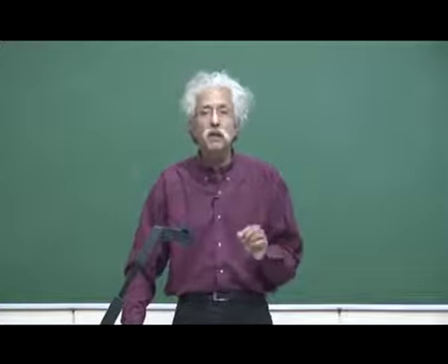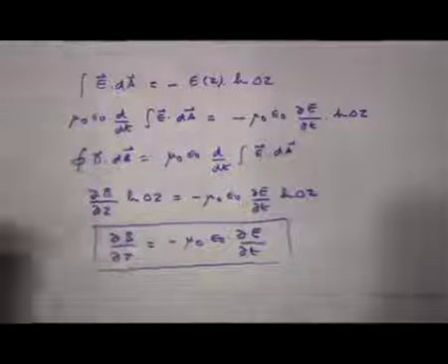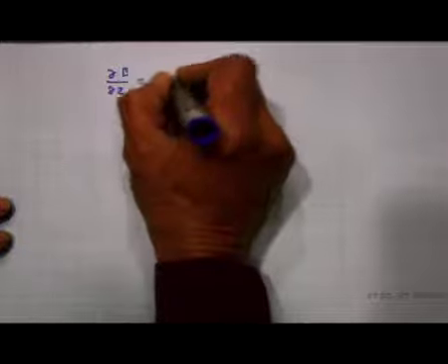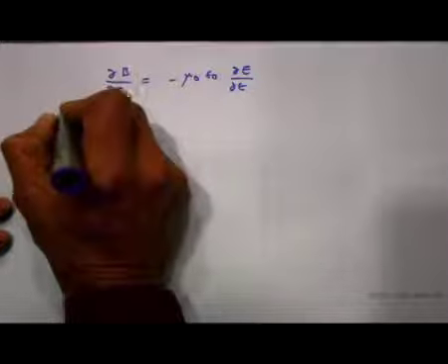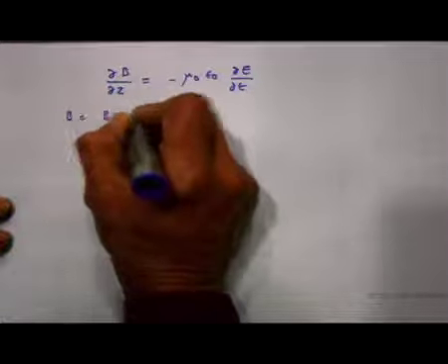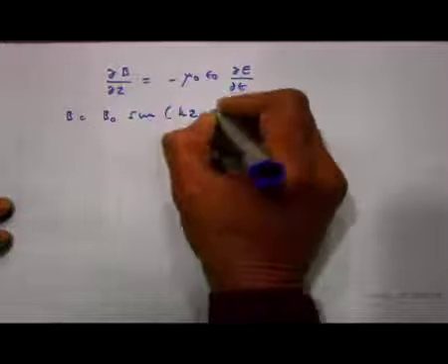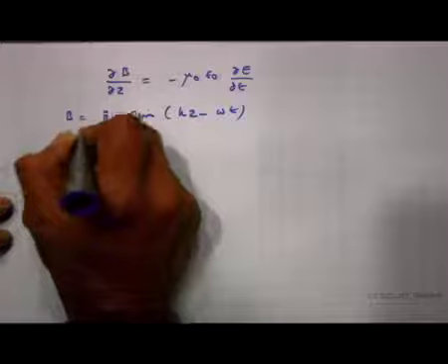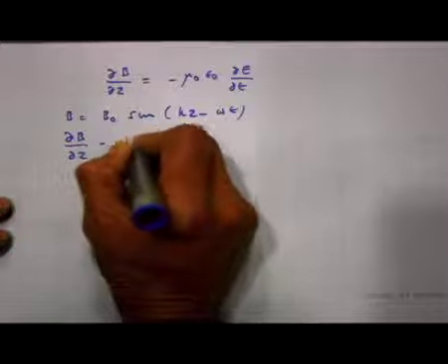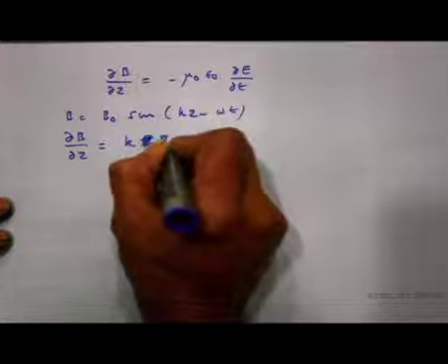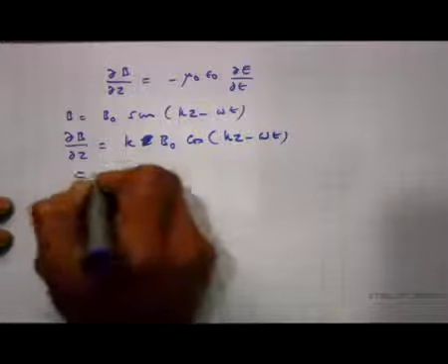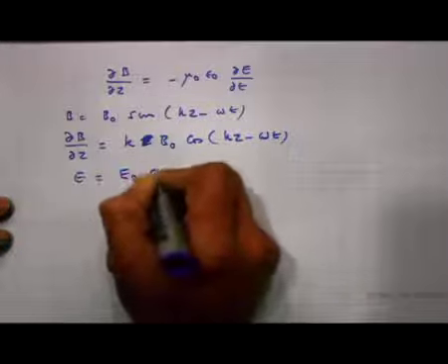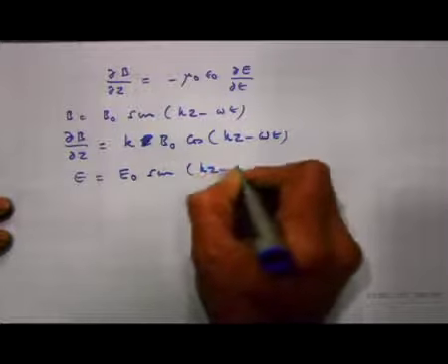Del B by del z is minus mu 0 epsilon 0 del E by del t. So, let me substitute the solution. Let me rewrite this again: del B by del z is equal to minus mu naught epsilon naught del E by del t. Now, B was equal to B naught sin(kz minus omega t). So, del B by del z is equal to k B naught cos(kz minus omega t). E was given by E naught sin(kz minus omega t).